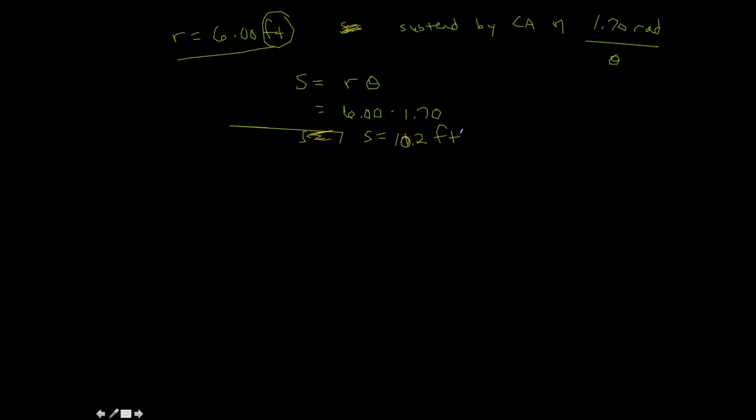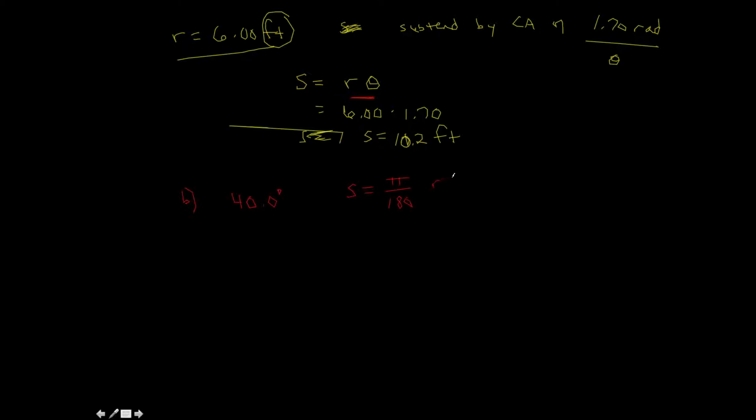Now, what if instead of 1.7 radians, we did 40 degrees? Well, remember, if we do 40 degrees, we have to use the degrees formula, which is our radian formula just multiplied by our conversion factor.